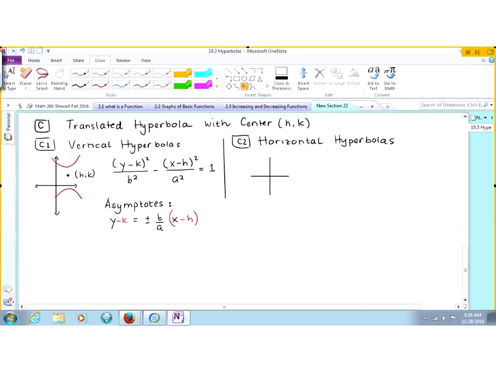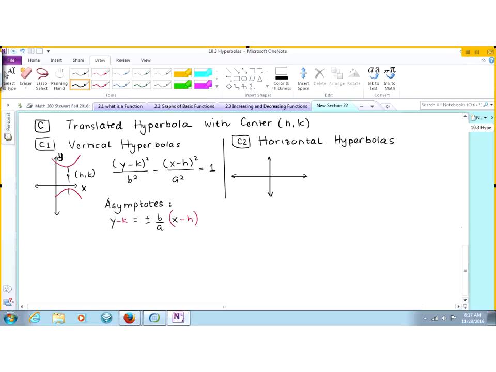Now let's talk about horizontal hyperbolas with center h comma k. Yes, Alex. Transverse axis is going to be the same? The transverse axis is this one. So the transverse axis would be shifted too, right? It's going to be vertical, parallel to the y-axis. Yeah.